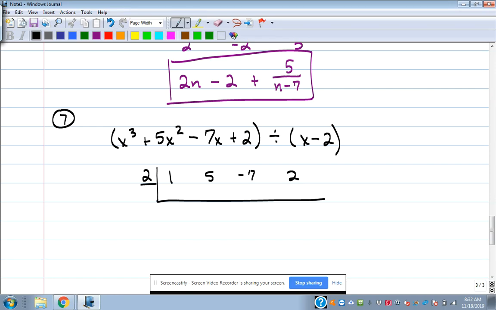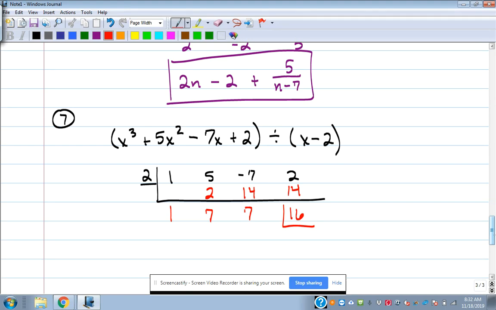All right. Drop the 1. 2, and then 7. It's going to give you positive 7. Positive 16. What is that 16? That's the remainder. Okay, so now what's our quotient?